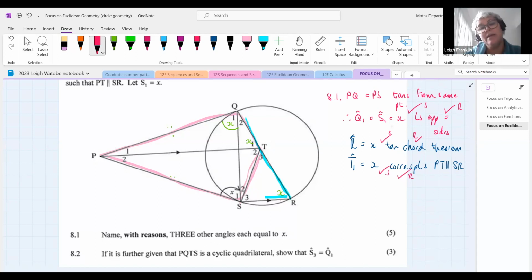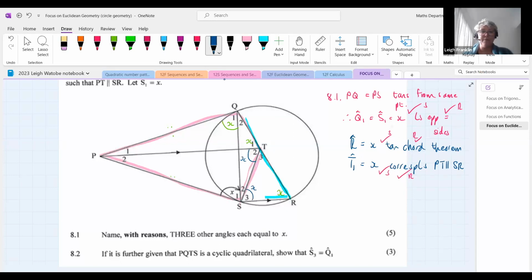Remember, this quad is cyclic. They've told us now that the quad is cyclic. So that means that angle T2 would be equal to X because of angles in the same segment. And then we have got alternate angles over here that would give us X. And then S3 would be equal to Q1.